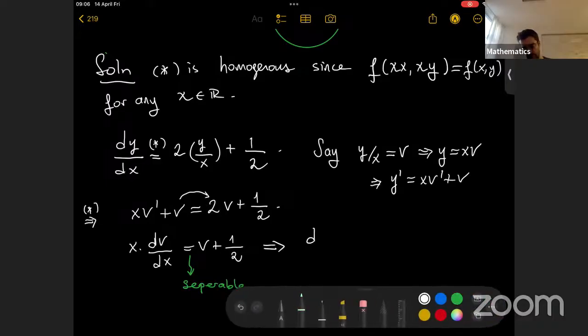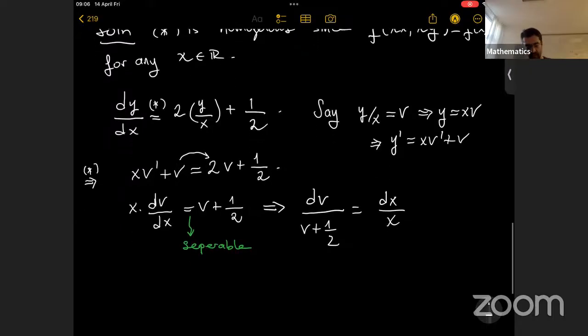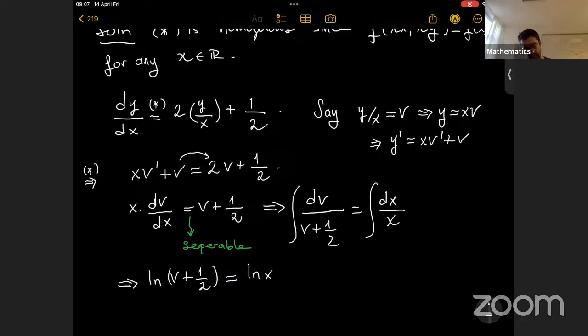Because you can write this as dv over v plus 1/2 is equal to dx over x. And then you integrate both sides and get the following: ln of v plus 1/2 is equal to ln x.